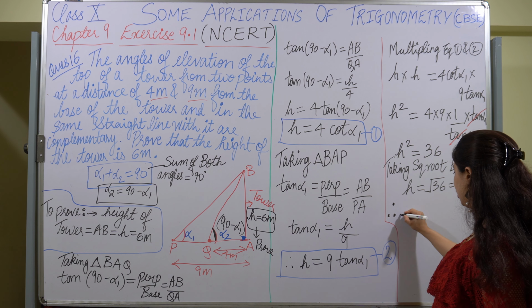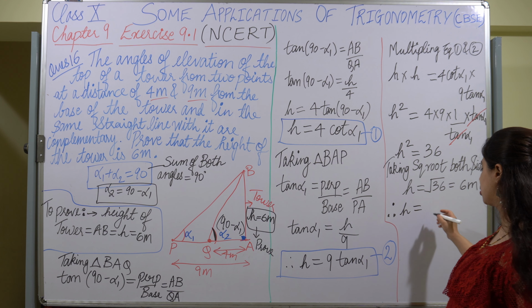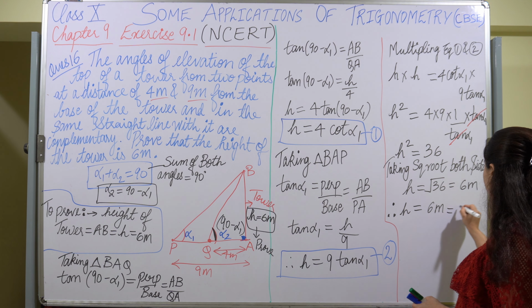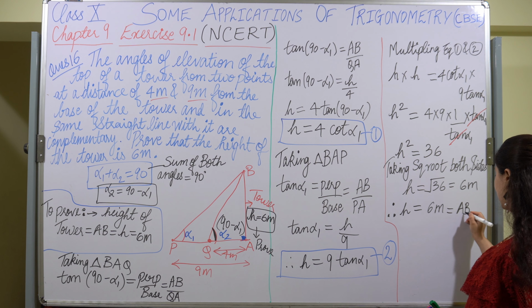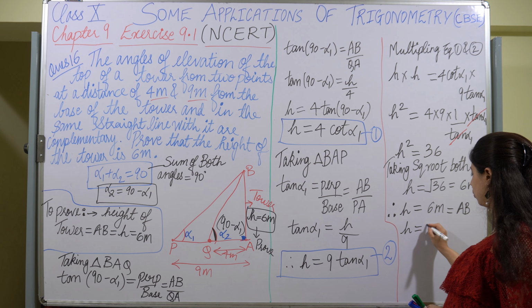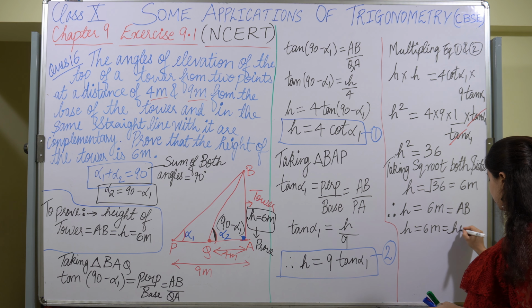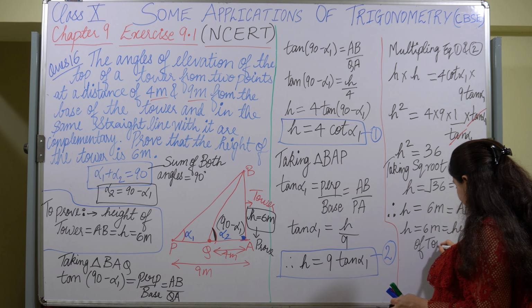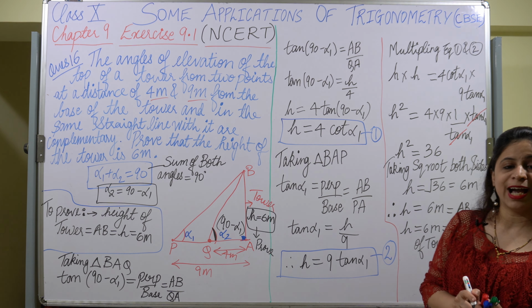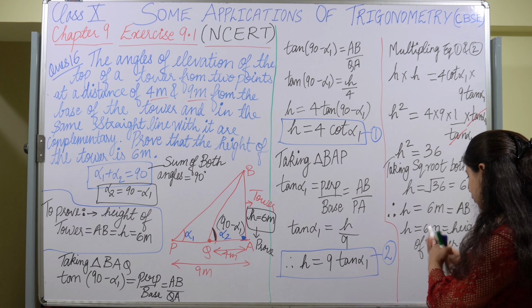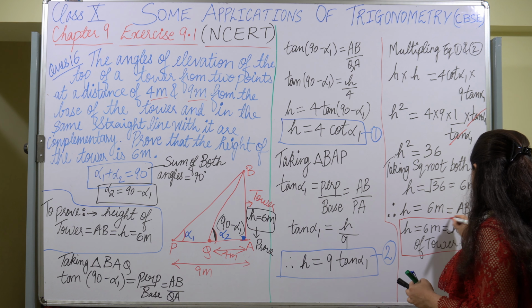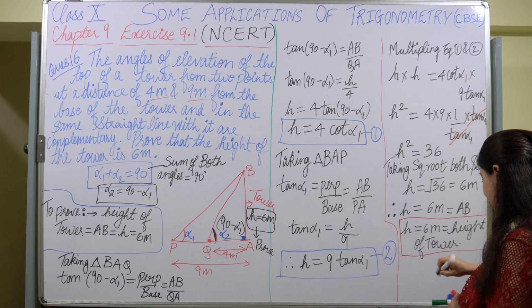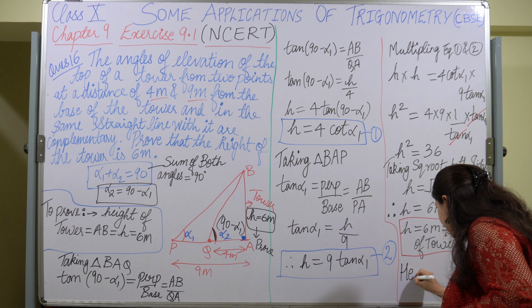So H equals 6 meters, and H is AB, which we assumed, and it is the height of the tower. So we have proved that the height of the tower is 6 meters, as asked in the question. So we write here, hence proved.